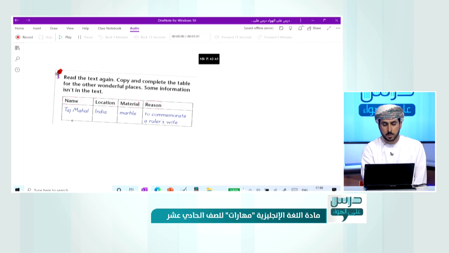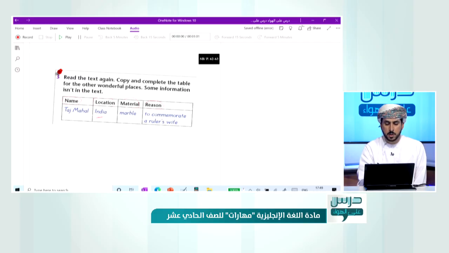Okay, so we have an example here. The first one is Taj Mahal. This is the name of the site or the building, and it is located in India, as it is clear here, and it was made of marble, and the reason was to commemorate a ruler's wife.